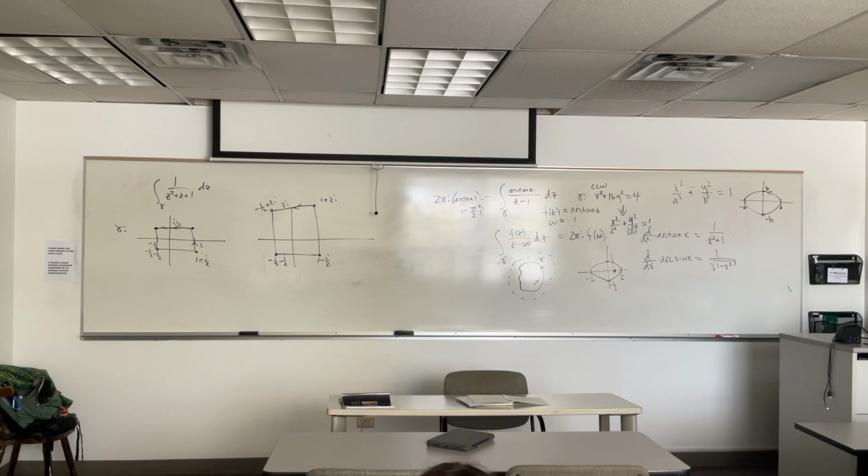Yes. And when do we get 0? Yes. So if this thing is analytic inside here and just on it or around it, then the answer is just 0. How could I figure out if this has division by 0 inside the rectangle?